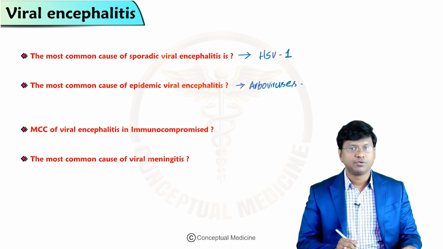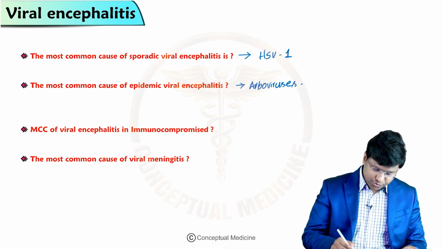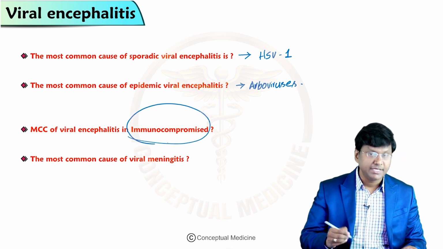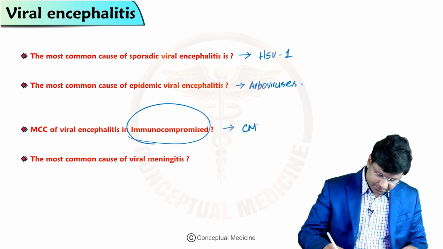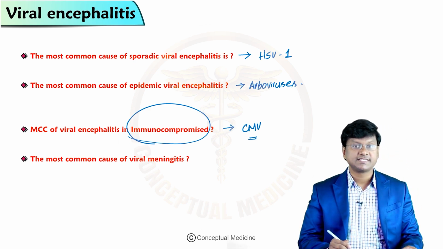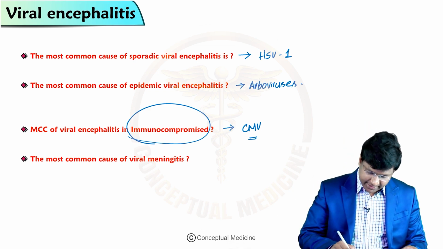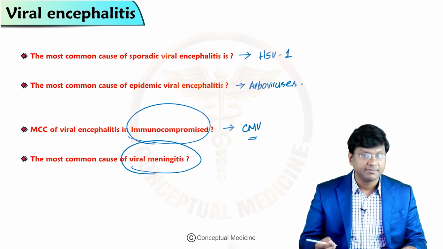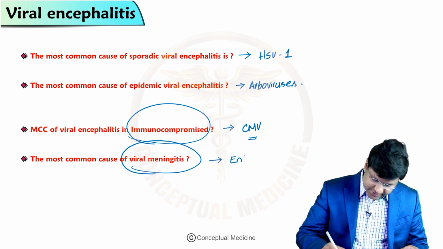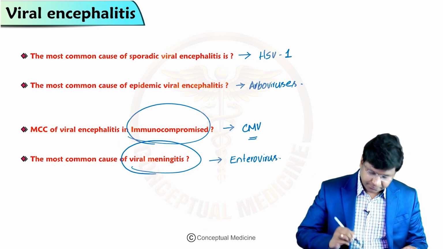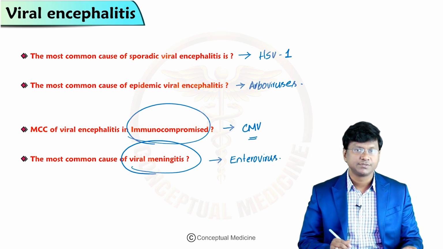And the most common cause of viral encephalitis in immunocompromised patients is cytomegalovirus. And the most common cause of viral meningitis will be enterovirus.